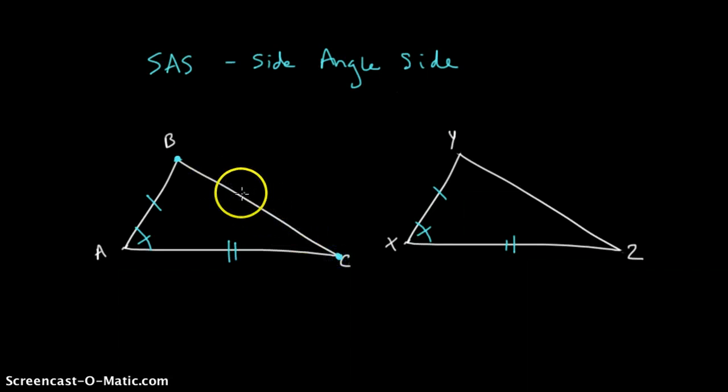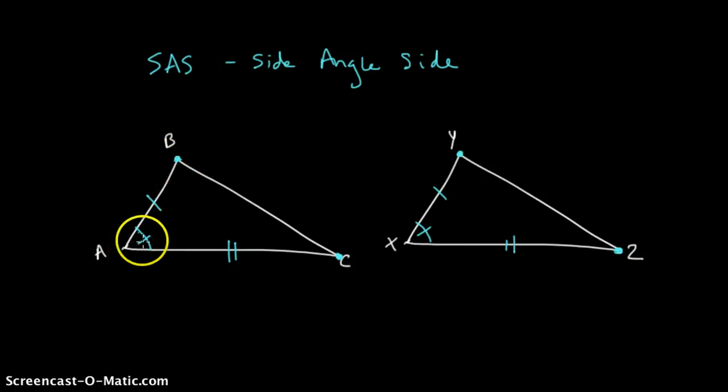Well, only a specific 10-inch line is going to fit there because this angle locks it in place. If this angle changes and this line comes down here a little further, then it's going to be a different length line. But since the angle is noted here in both cases, it's the same angle, that means this distance is the same, which means the triangles are congruent. That's why you don't need all the information. That's why this shortcut works.